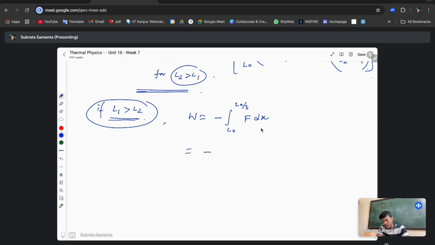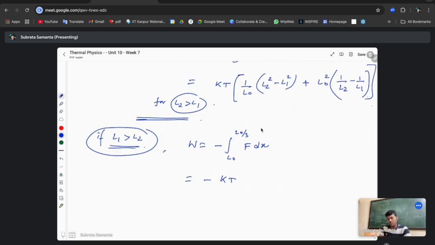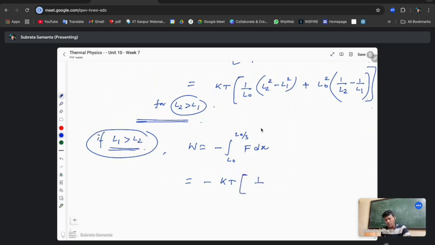So this is basically minus kT, so here is 1 over L0 times L2 square minus L1 square, with L2 as L0 over 3, so 1 over 9 minus 1, right? And this is basically plus L0 square times 1 over L2, so L0 over 3, minus 1 over L0.